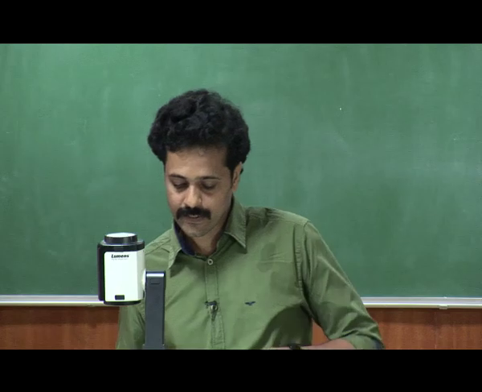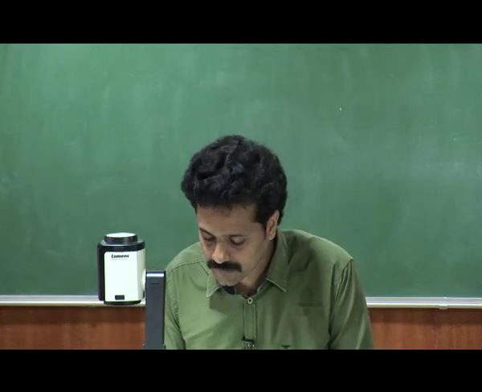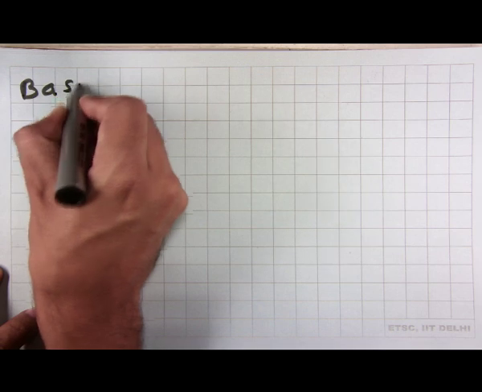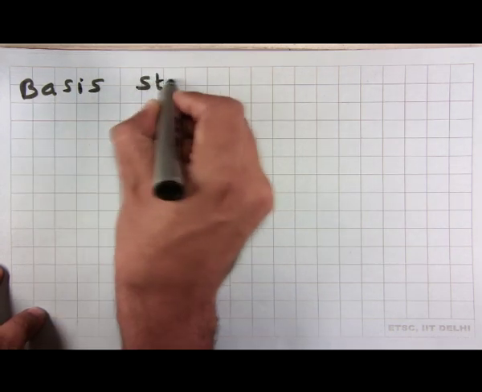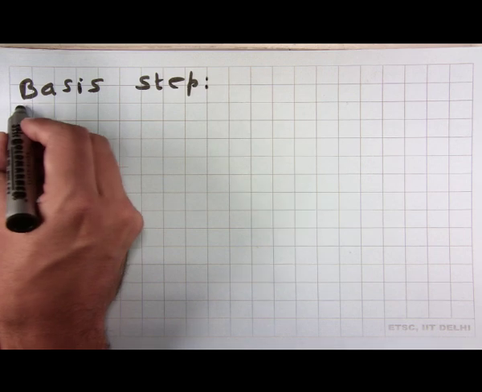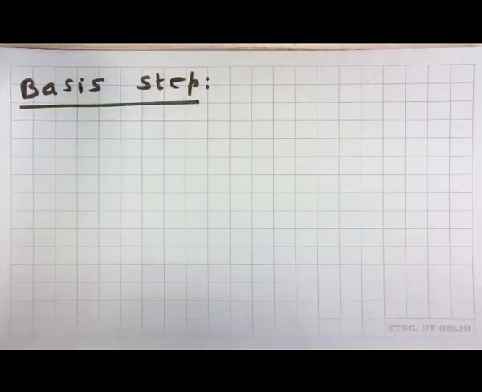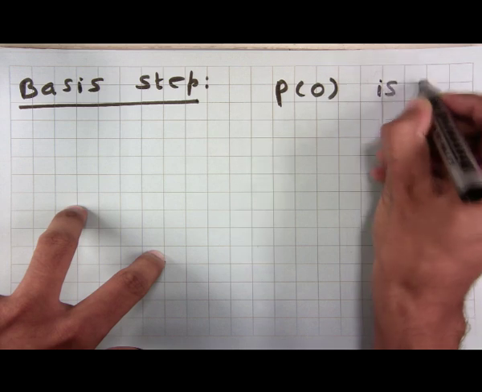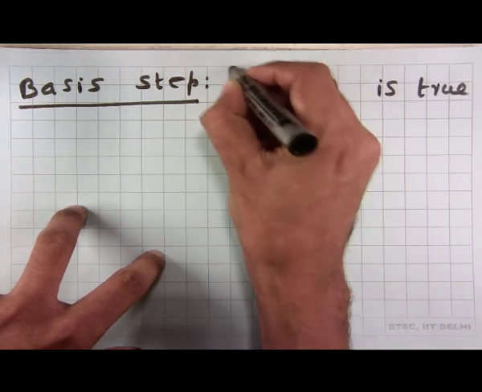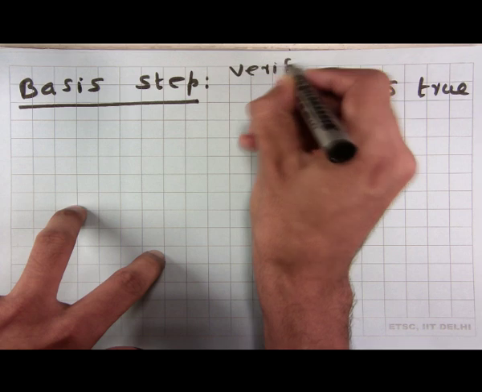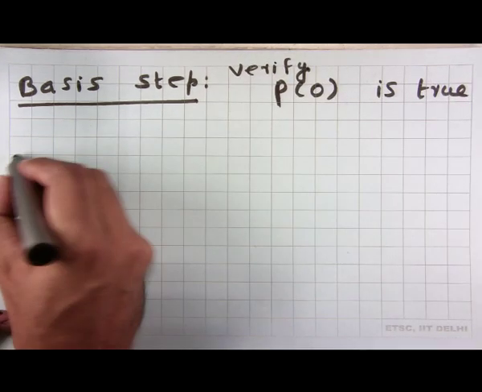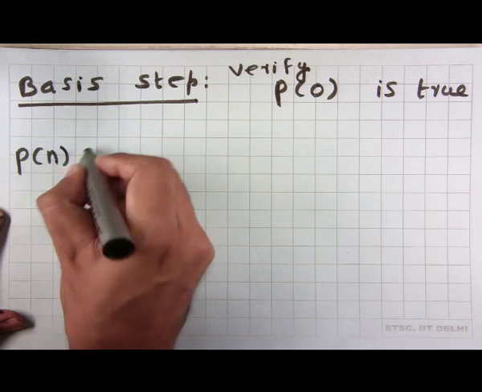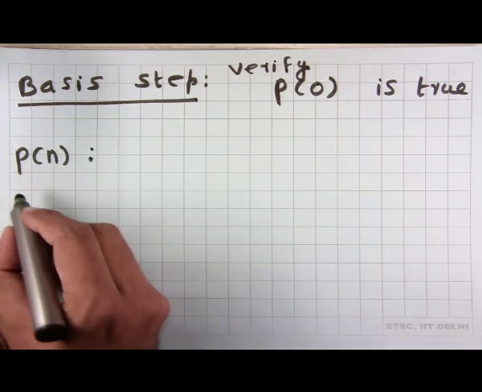As I suggested in the remark, the basis step should be modified here. The basis step will be verifying that P of 0 is true, where by P of n I mean the given statement.